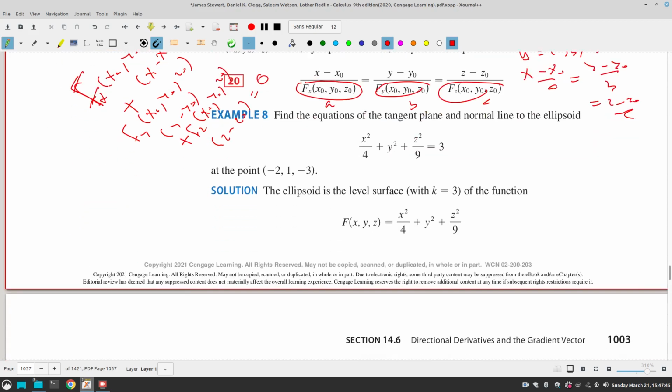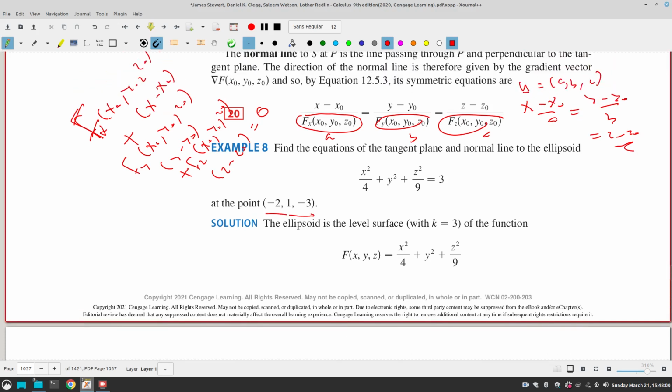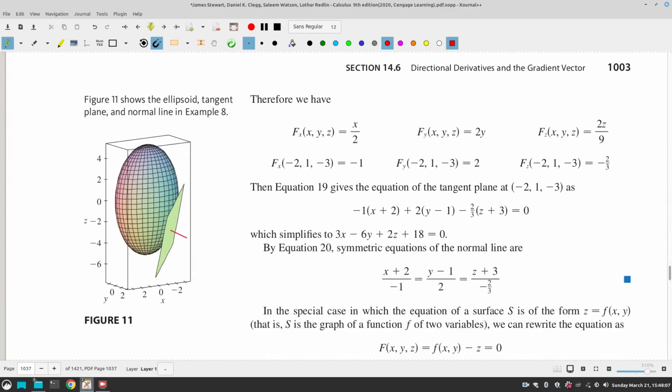So for example, you want the equations of the tangent plane and the normal line to the surface given by x squared by 4 plus y squared plus z squared by 9 equals 3 at the point -2, 1, -3. So this is my capital F of x, y, z, and I can find Fx, Fy, and Fz, and using these three I can find the equation of the tangent plane.